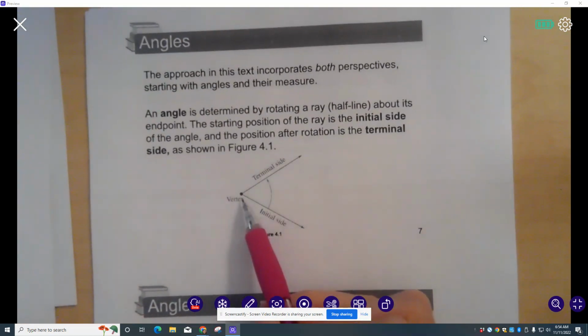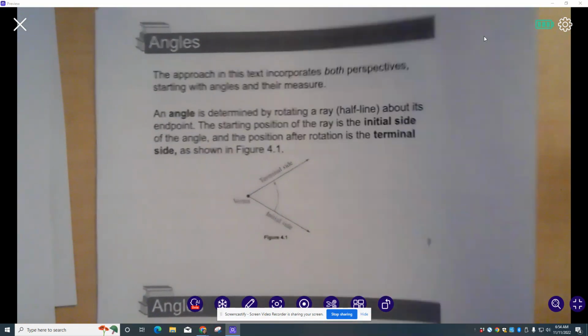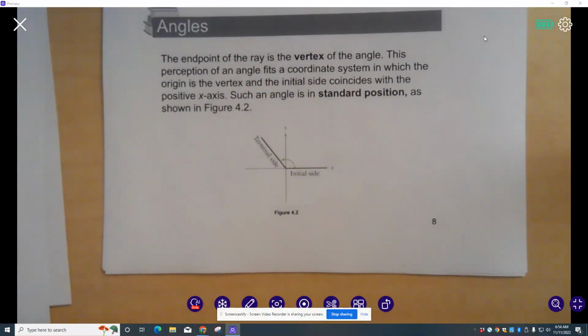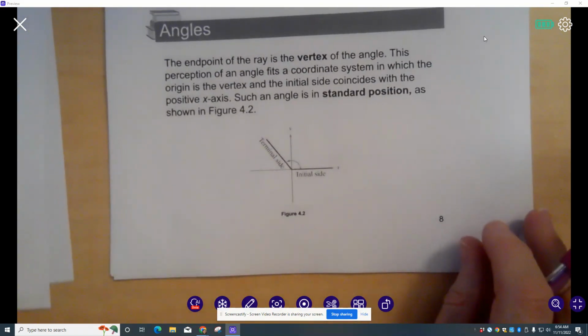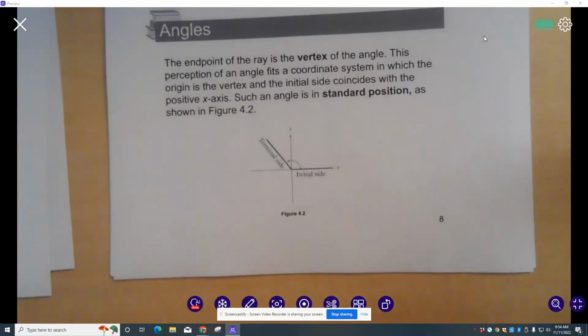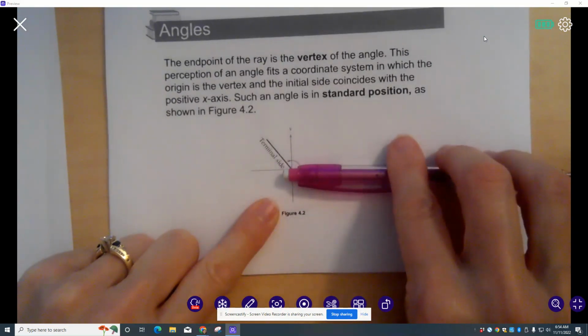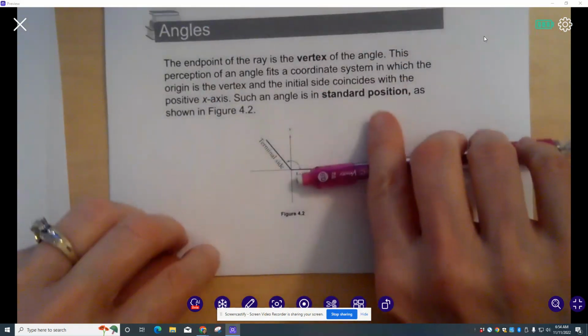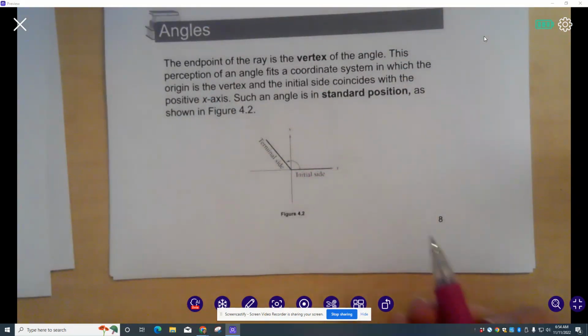Two rays, and we call that point the vertex. Mostly what we will be looking at in this section, or in this class also, is angles on the unit circle, or you can think of them on the coordinate grid. They're always going to start on the x-axis, and then they're either going to go up if they're a positive angle or go down if they're a negative angle.